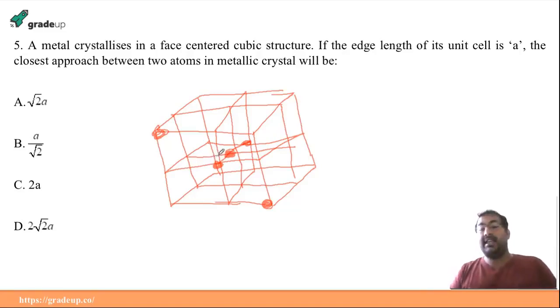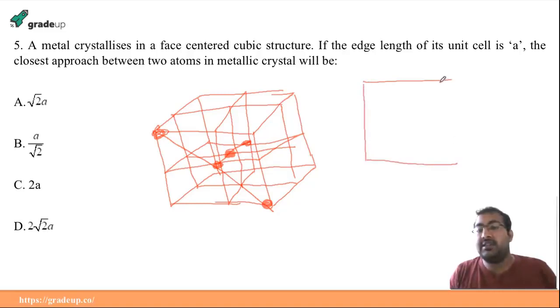So what happens in a face-centered cubic cell? In a face-centered cubic cell, all the atoms present at a face are in touch with each other. So if I draw a face of this lattice arrangement, I'll see that the atom at the vertex, the atom at the center of the face, and the other atom at the vertex again are touching each other, right?